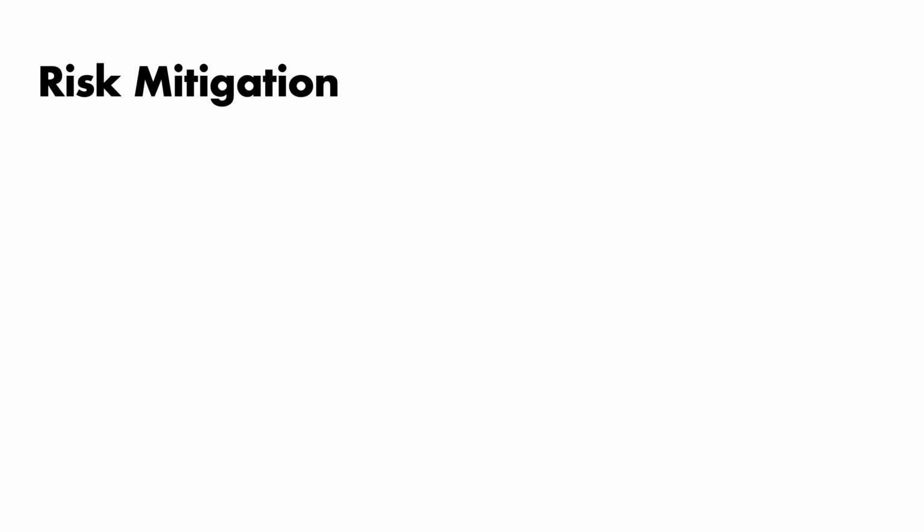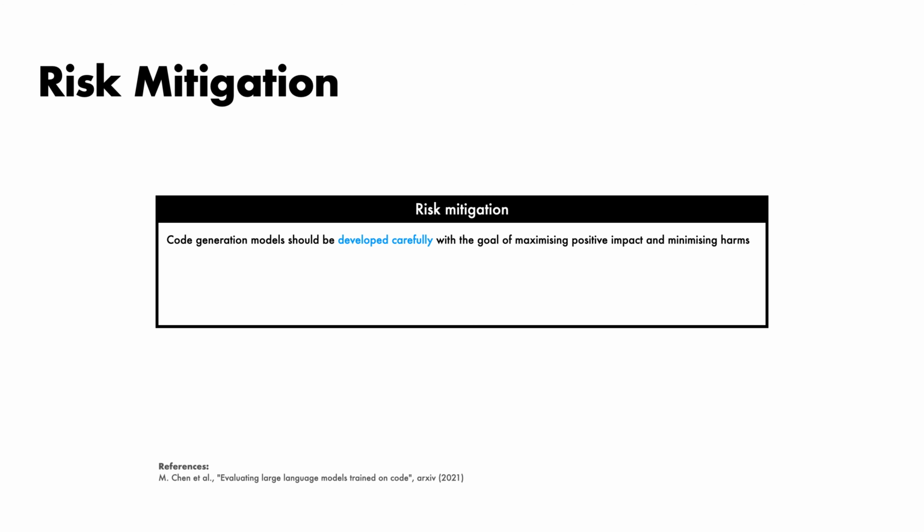Given the opportunities and limitations we have discussed, the Codex authors suggest that code generation models should be developed carefully, with the goal of maximizing positive impact and minimizing harms. They also suggest that it is important to adopt a contextual approach in order to achieve effective hazard analysis and mitigation.